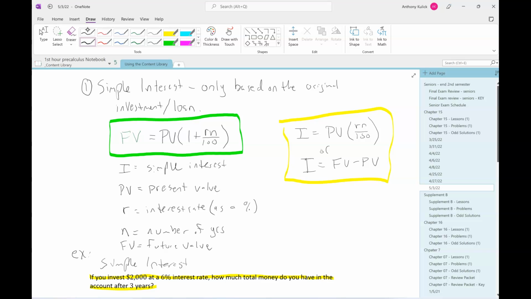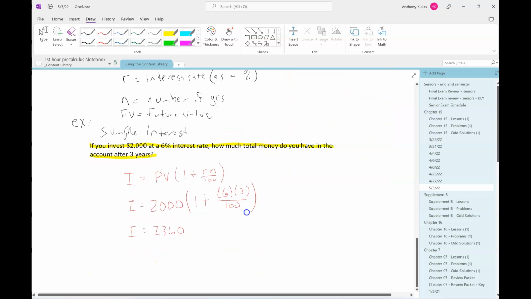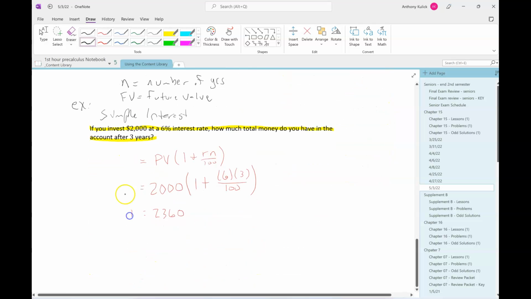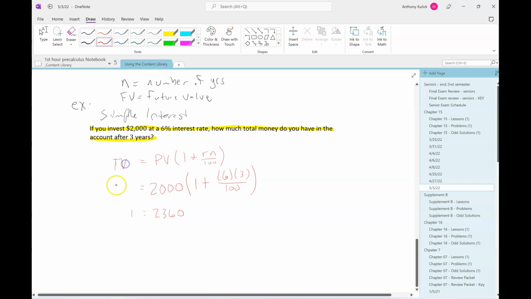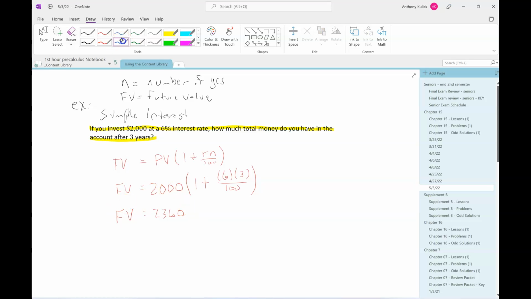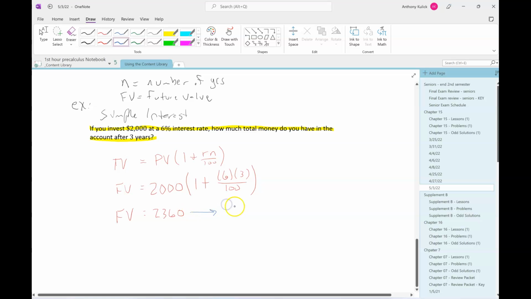That needs a revision in the notes because it's not clear and not well articulated. So these should be FVs here. And this would imply that you earned $360 in interest.